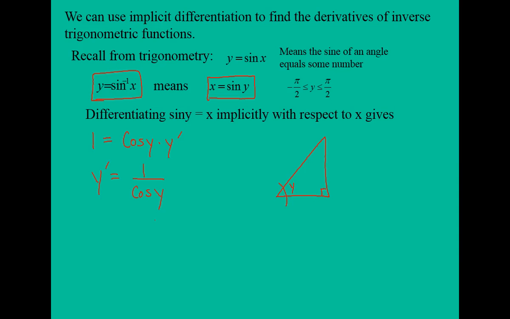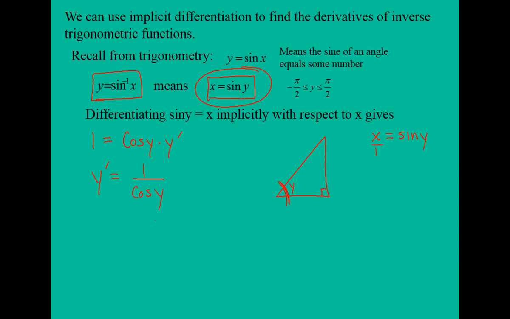And let's use this piece of information right here where it says the sine of y equals x. Well, if this is angle y here, the sine of that angle is opposite over hypotenuse. So I could write it as this x equals the sine of y, but x would just be over 1.